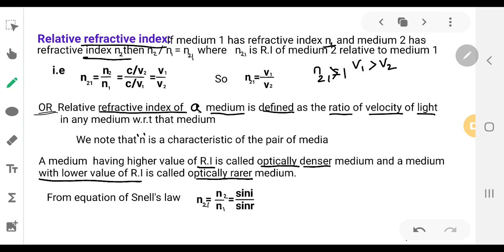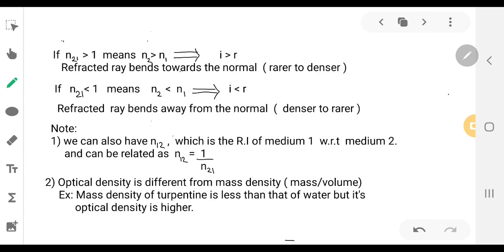So from the Snell's law, N21 is nothing but N2 by N1, which is in turn equal to sin I by sin R. Okay, so N21 is equal to N2 by N1. ಇದು ಎದಕ್ಕೆ ಈಕ್ವಲ್ ಅದ ರೀ? sin I by sin R ಗೆ ಈಕ್ವಲ್ ಅದ.